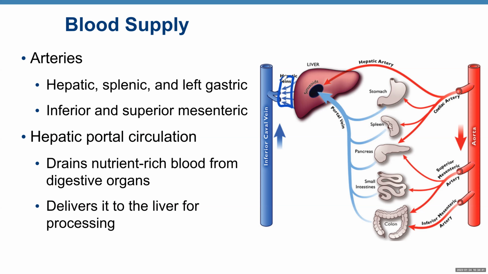In hepatic veins, you have blood from the liver to the inferior vena cava after the liver has processed the nutrients, removed some toxins, maybe some medication or drugs, and stored some nutrients. Then that blood is returned to the circulation through hepatic veins.